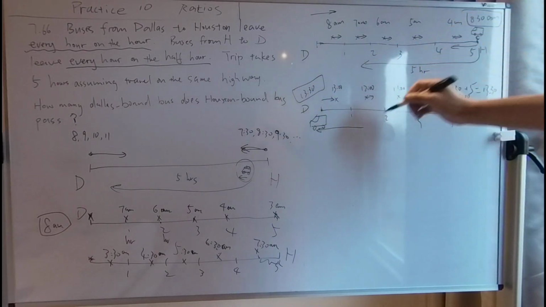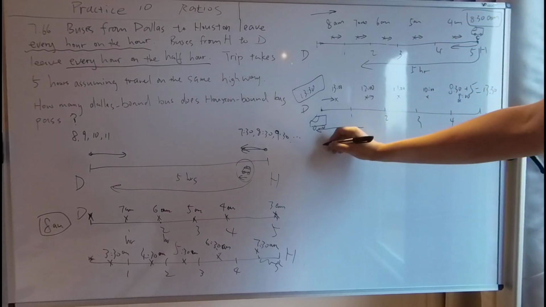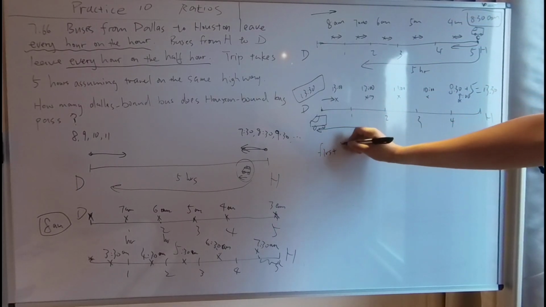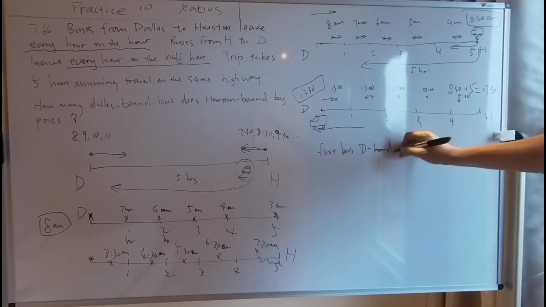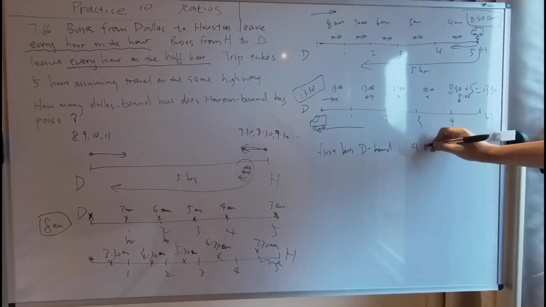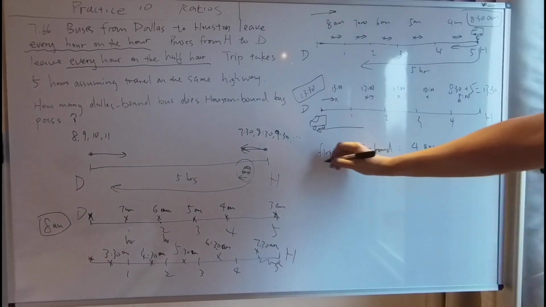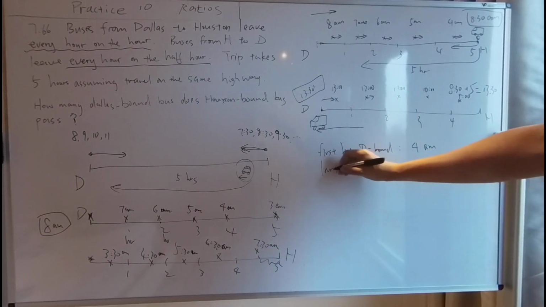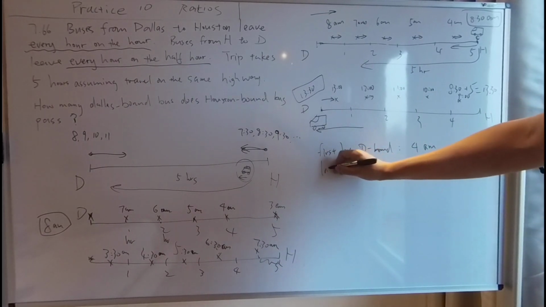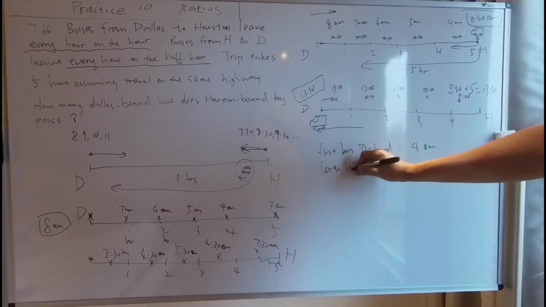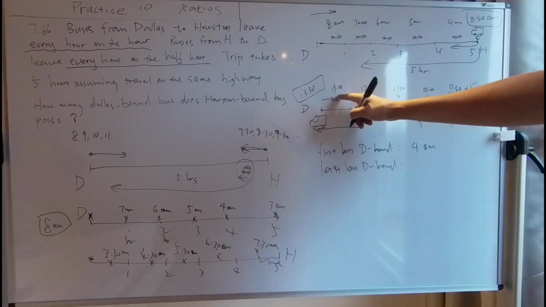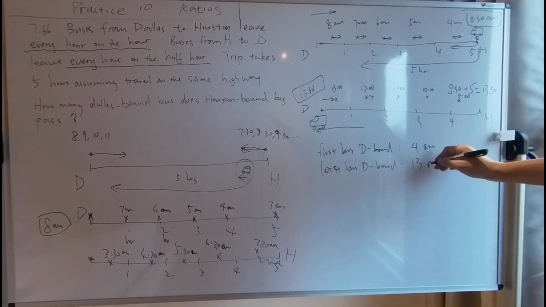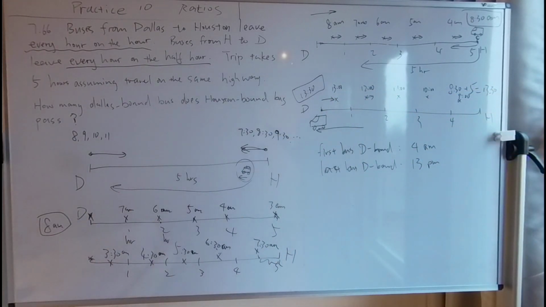At 8:30, the first Dallas bound bus I meet is the 4 a.m. bus. And the last Dallas bound bus I meet is the 13 o'clock bus. Right, so those are all the buses I meet.